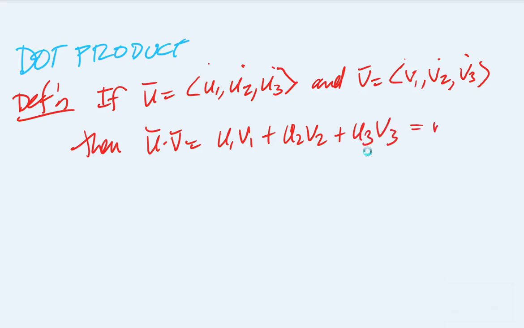So this is a number. This is going to be a number usually, okay? These are numbers, and these are numbers, and this is a number.